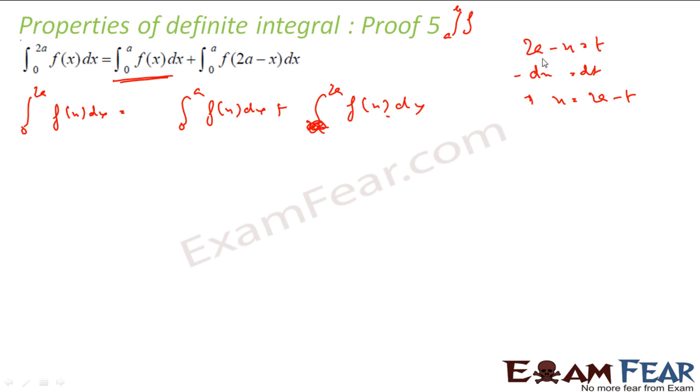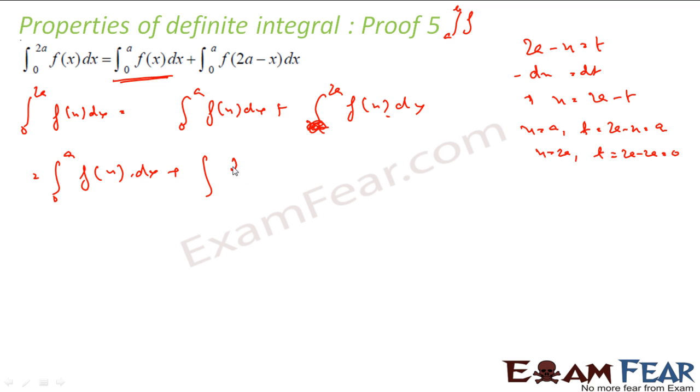Also, my range will change. My x was a, t is nothing but 2a minus x, that is a. My x is 2a, my t is nothing but 2a minus 2a, that is 0. So let's do this. This part anyway we have found the value, so let's just keep it as it is.